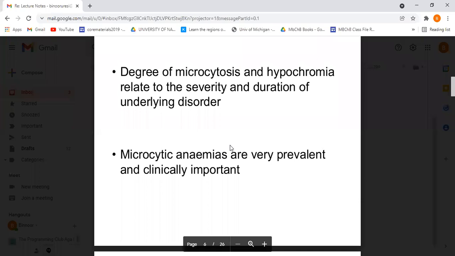What we need to know is that microcytic anemias are very prevalent and clinically important. It's a must-know lecture because this is what you're going to come across when you become doctors. When you start going to the clinical wards, you'll find a lot of patients with microcytic hypochromic anemias.